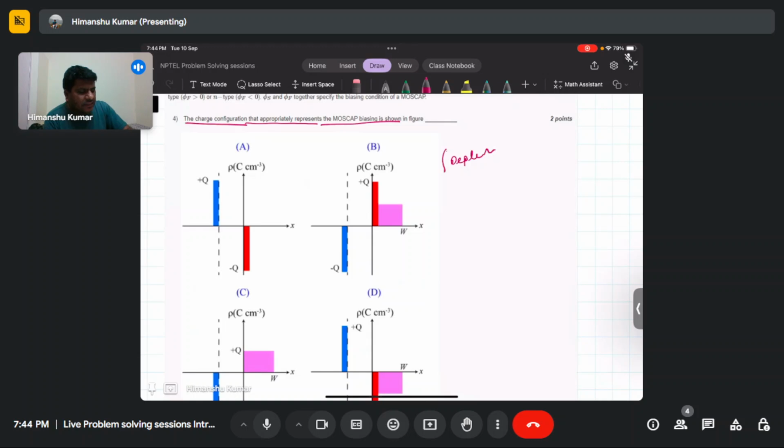In the depletion region, there will be a pile up of minority carriers at the interface.